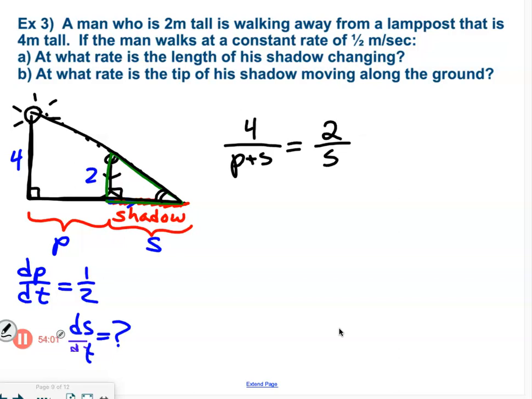Does everyone see that? Good. Before we differentiate, could we make our life easier and do a little cross multiplying? Okay, let's do it. So we have 4S equals 2P plus 2S.